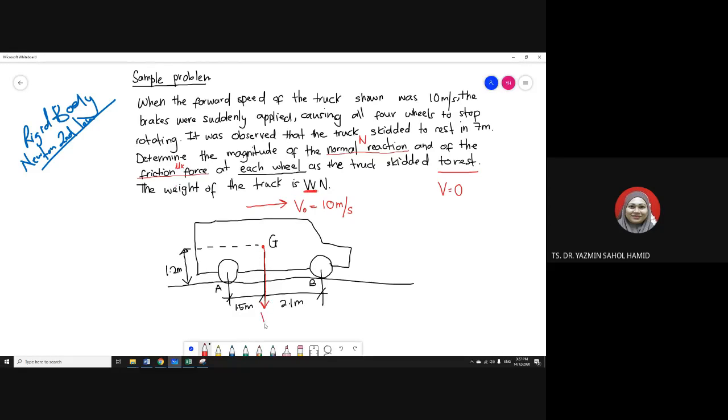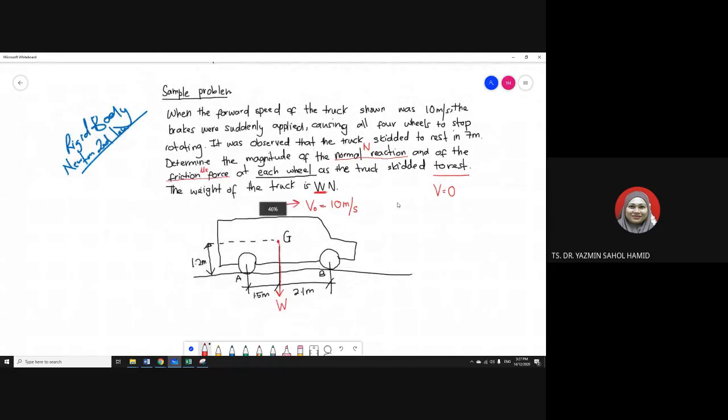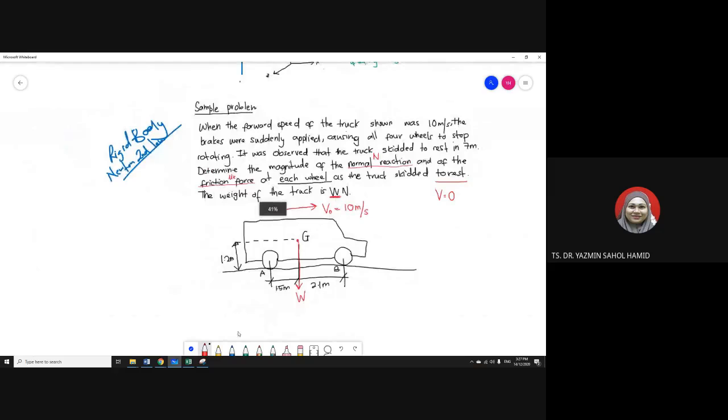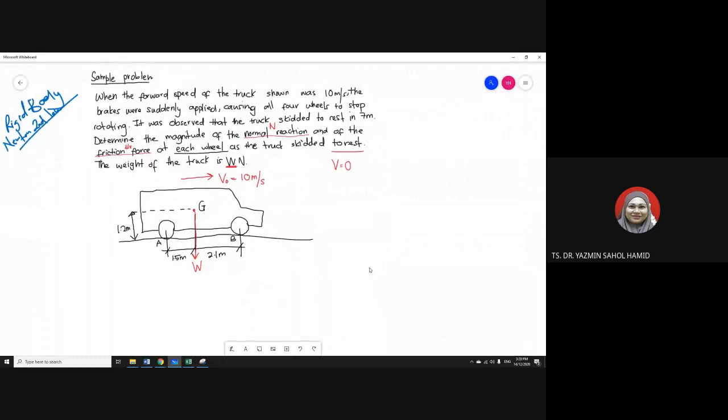it's W. Now, to complete this question, we need to draw the free body diagram. I advise you, when you do your dynamics test, you must draw the free body diagram.